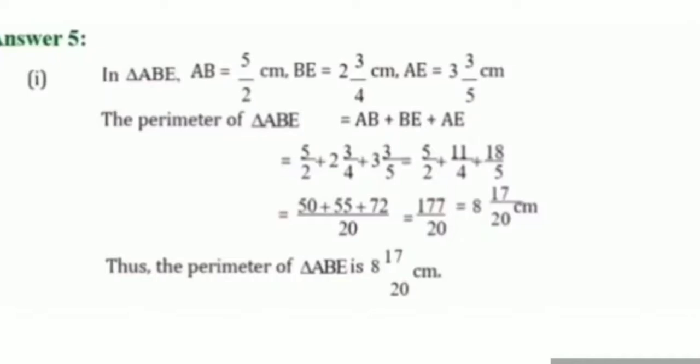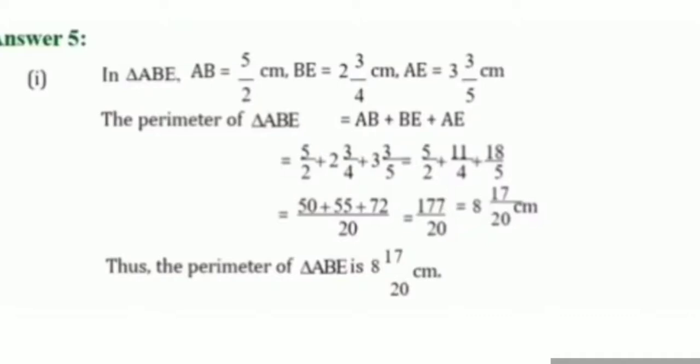So what will come here? 2 into 10 means 5 into 10 plus 4 into 5. 4 5s are 20. Okay. So 11 into 5, this is 55. Then 5 into 4, 20, so the same as 18 into 4. So it will come 50 plus 55 plus 72 upon 20. The total is 177 upon 20.